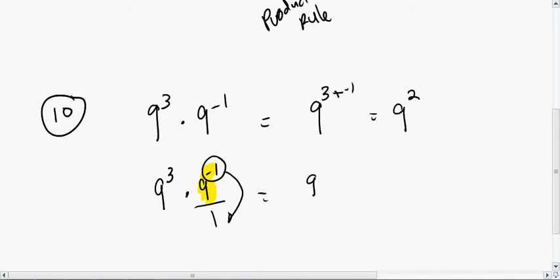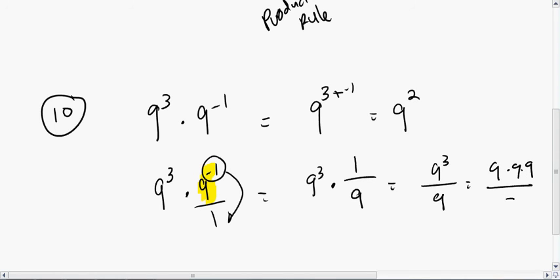So I still have a 9 cubed on top, but now I've got 1 over 9, or 9 cubed over 9, and then I could think of this as just canceling. 9 times 9 times 9, that's 9 cubed in the top, plain old 9 in the bottom. Cancel out that factor of 9, and I end up with 2 9s, or 9 squared. So two different ways to think about the same problem now that I understand what negative exponents are.